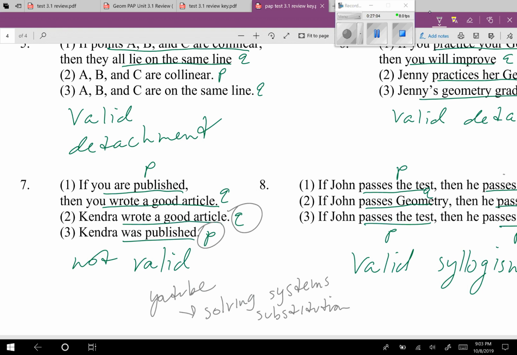Okay, and then also look up factoring quadratics. And that should help you to deal with the x squareds, and then also when you have the x's and the y's, the multiple variables.